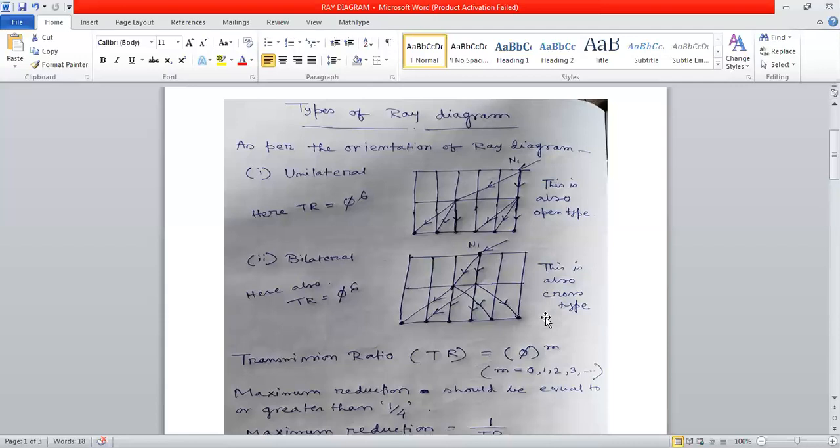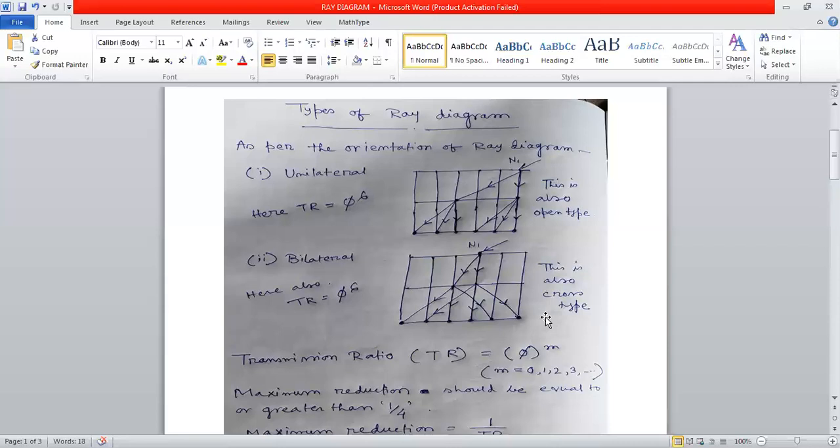So as per the orientation, we can divide the ray diagram as unilateral ray diagram and bilateral ray diagram. And as per the design, we can divide the ray diagram as open type and cross type ray diagram.